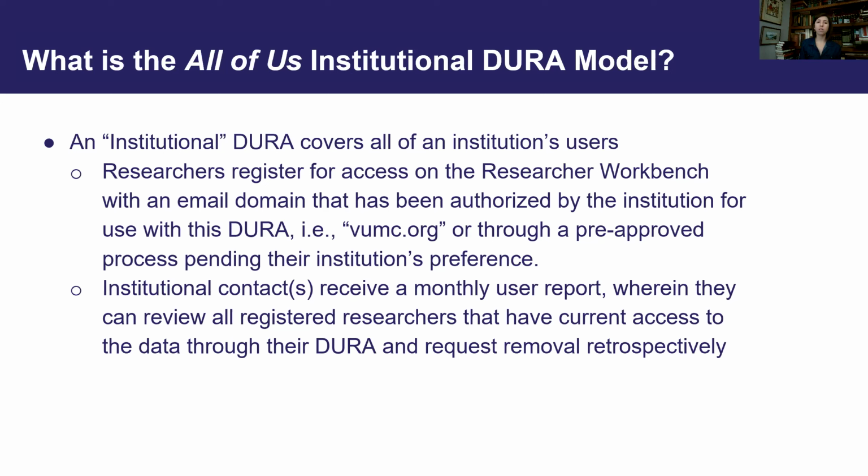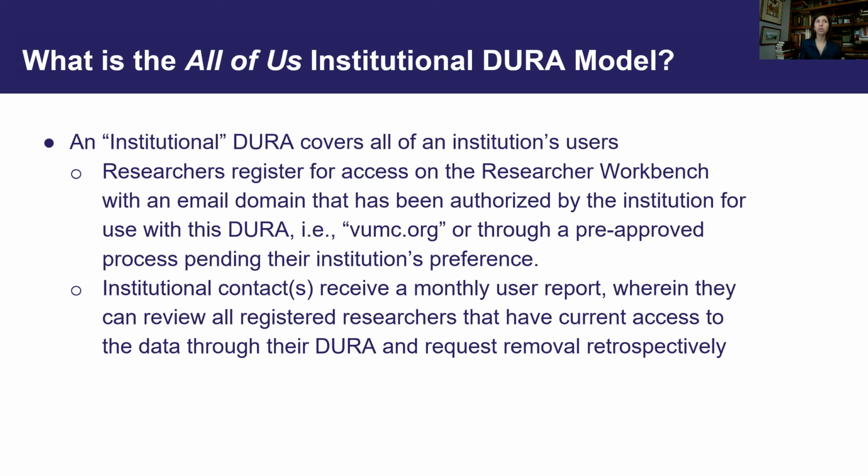Institutions also have the option to say, I want to specify individual users that I want to allow access to this data by going through what we call a pre-approval method. And again, our team will work with the institution on implementing that. So there's no burden on the researcher themselves. Once an institutional agreement is in place, that point of contact you saw listed on that first page we looked at, they'll receive a monthly report.